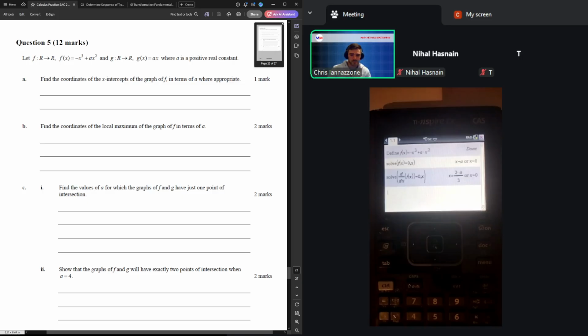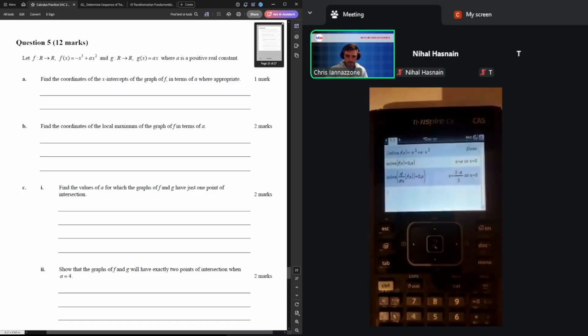A couple ways you could find out. Oh, so we got two options there. One is likely to be the max, one is likely to be the min. How would we know?